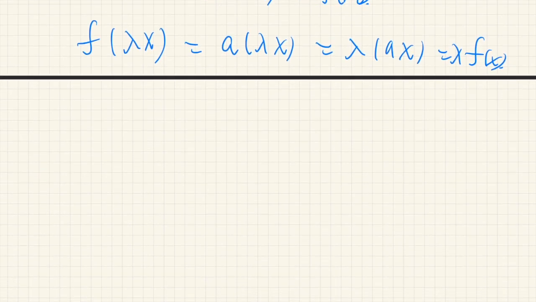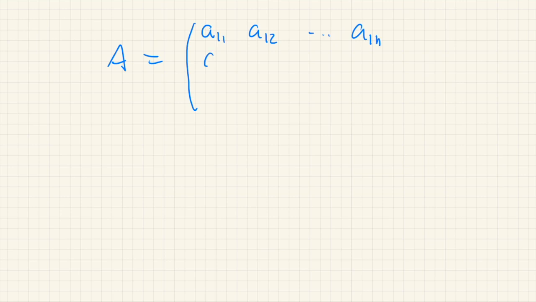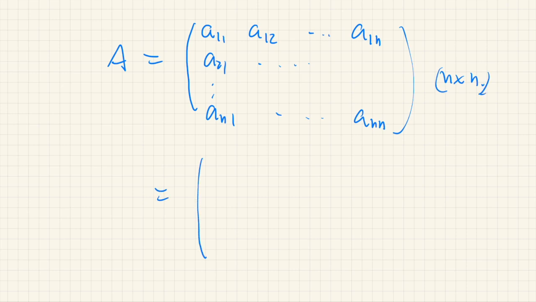Next, we show that determinant is a sort of linear function. To see this, let's consider a matrix as a column vector of row vectors. If we have a11, a12, and so on up to a1n, and a21 and so on, up to an1 and so on, this is an n by n matrix, and we consider this as a column vector of row vectors.